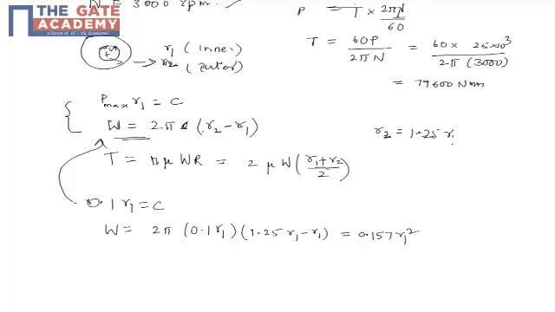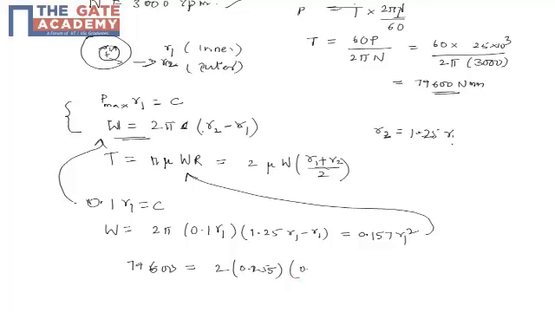R1 squared. Now I have to use this in the torque expression, because we know the total torque which we calculated before, which is 79600. Effective sides are 2, and the coefficient of friction is given as 0.25.